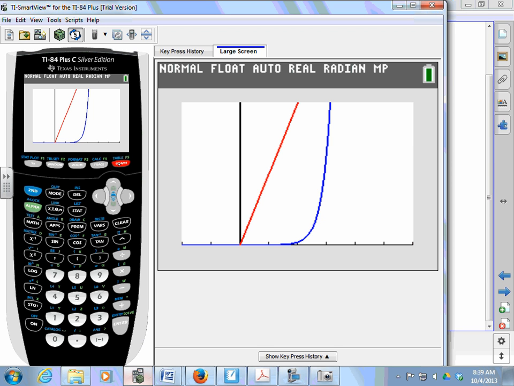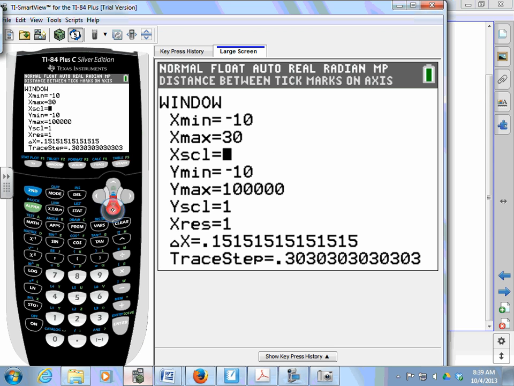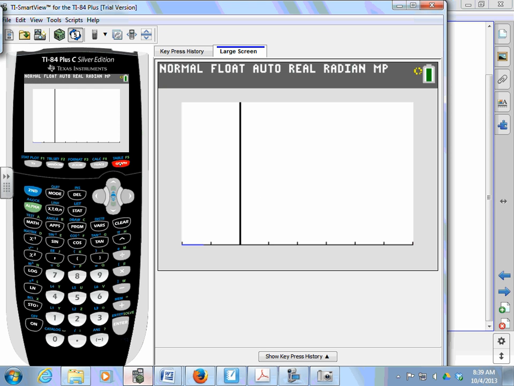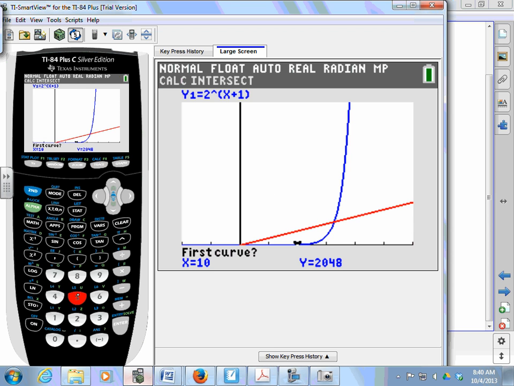Looks like there's a good chance. Let's see if we can find it. So now we know we're probably going to see it, right? We just got to go higher vertically. So let's go to 1,000,000 and see what that does for us. Oh, there it is. They do intersect another place. Good job, Sam.